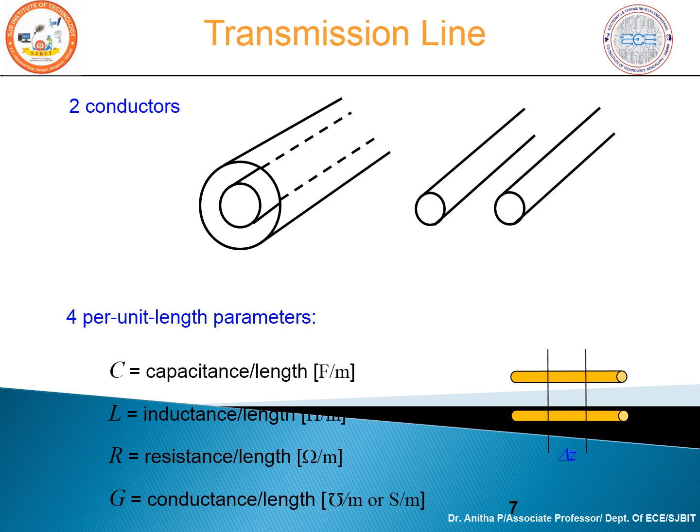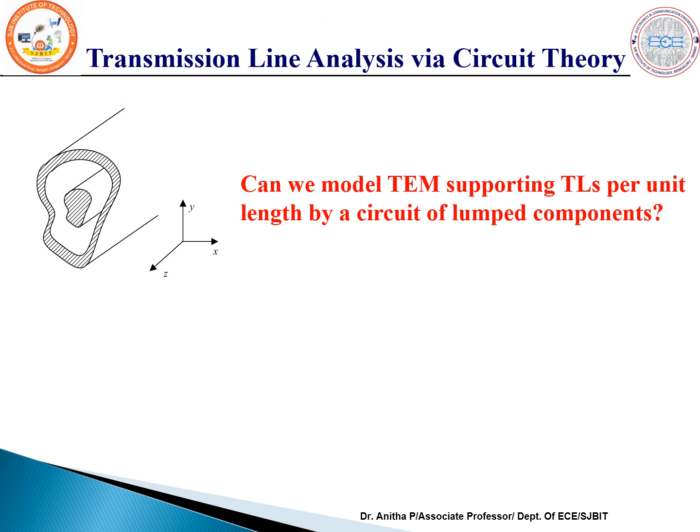All the values are measured per unit length, per meter. Inductance units are henries per meter, resistance ohms per meter, and conductance mhos or siemens per meter. All the components are distributed along the transmission line, if you consider a section of it.